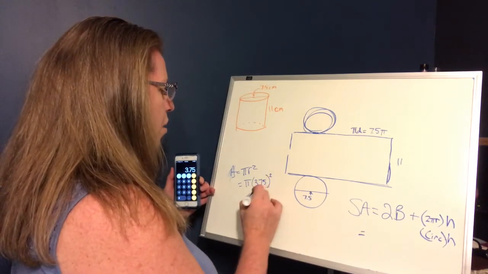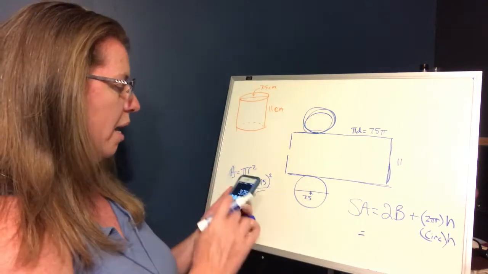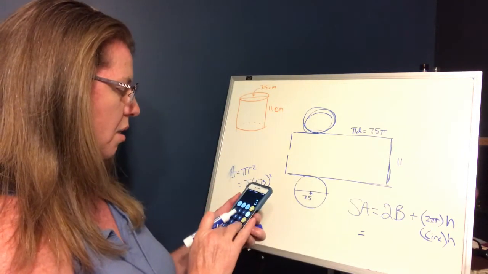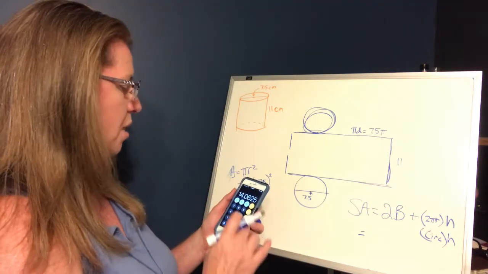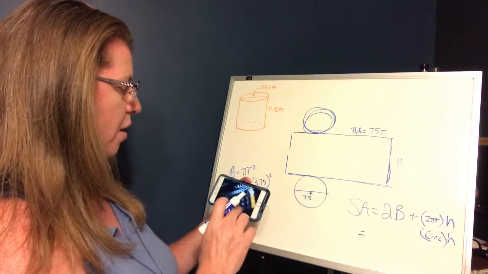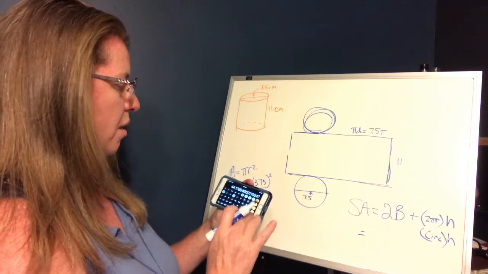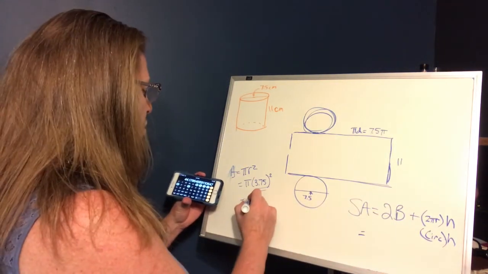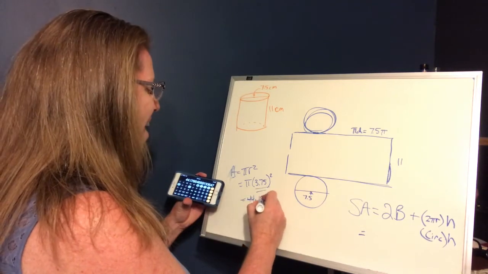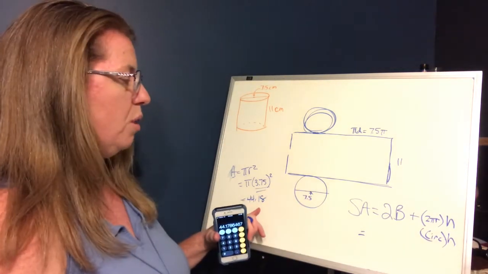Remember, we only square the number, not the pi. 3.75 squared is about 14.06 times pi, which gives 44.18. That is the measure of one circle.